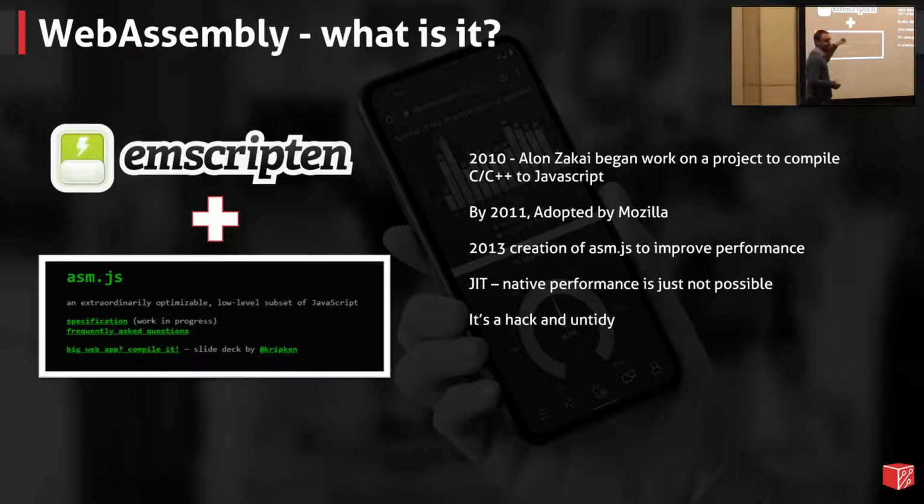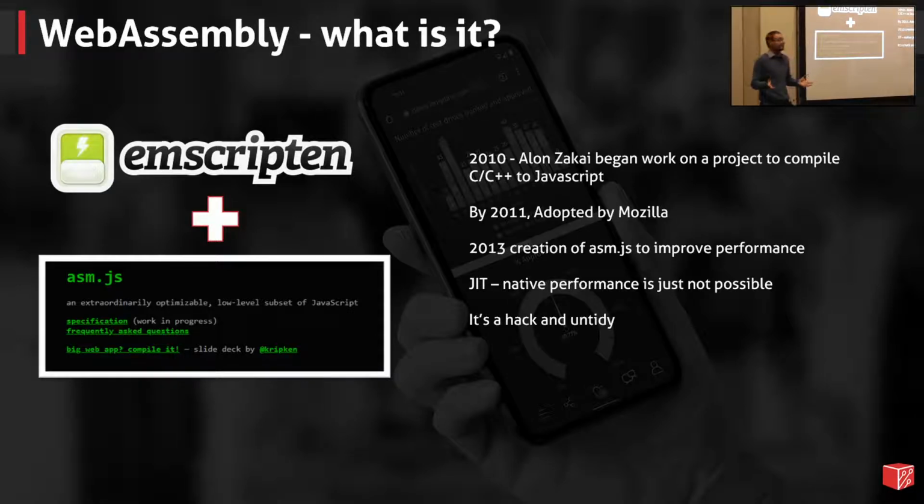It was called Emscripten. By 2013, they'd realized that trying to get C and C++ to compile to natural JavaScript was really difficult. So they came up with asm.js, which was an optimizable low-level subset of JavaScript, and they'd added some math functions into JavaScript to allow them to do that.